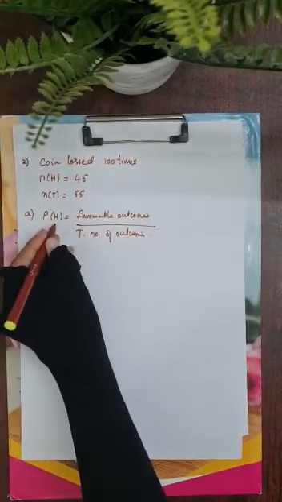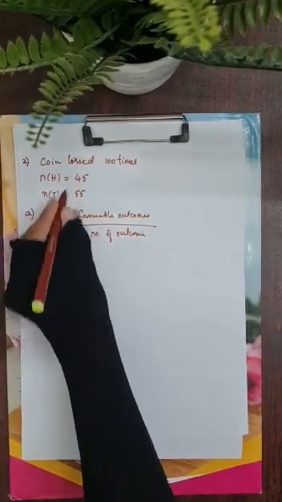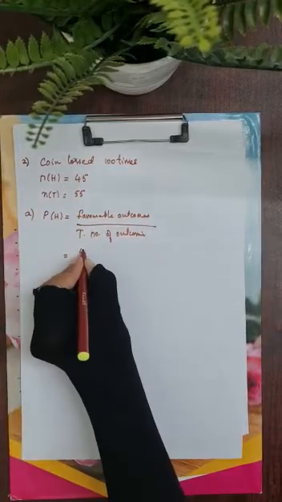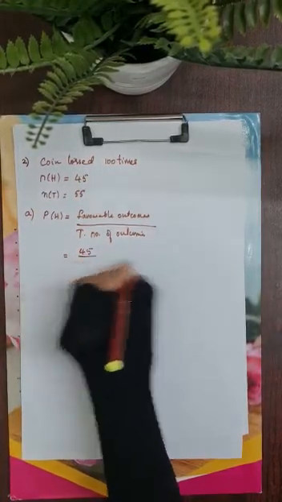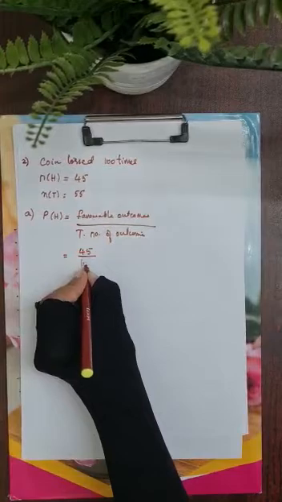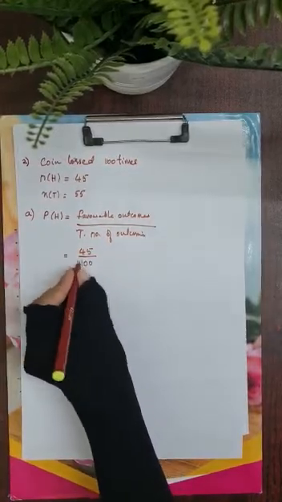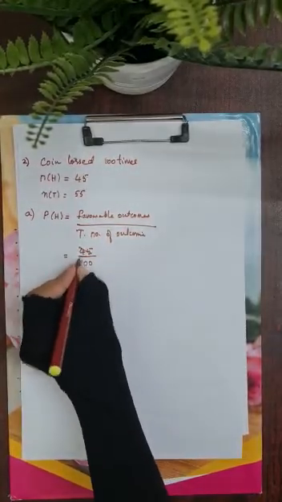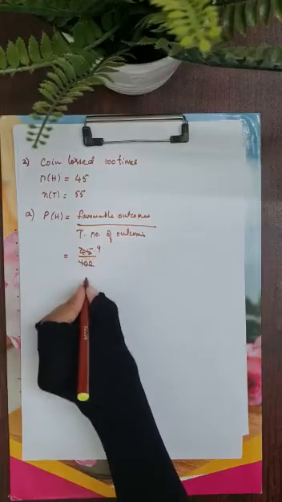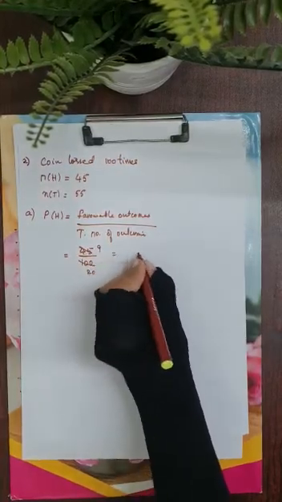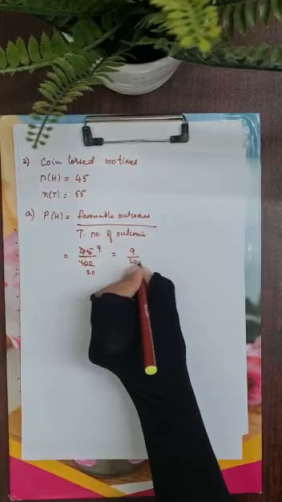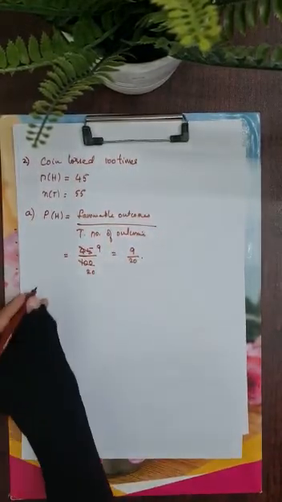We want heads. How many heads did we get? We got heads 45 times. And how many times have we tossed the coin? Total number of outcomes is 100. So it is 45 by 100. Let us strike them out using the 5 table. 5 nines are 45, 5 twenties are 100. So the probability of getting heads is 9 by 20.